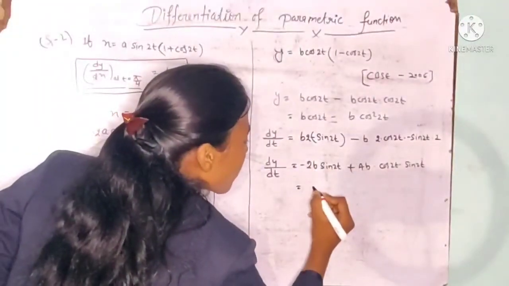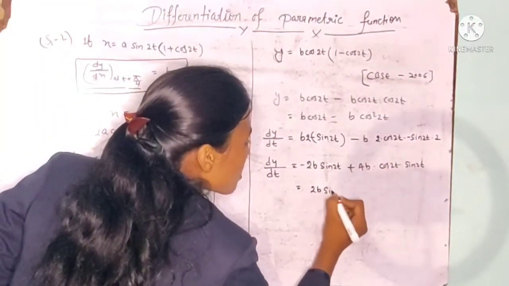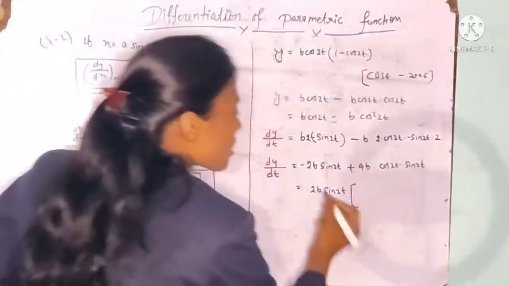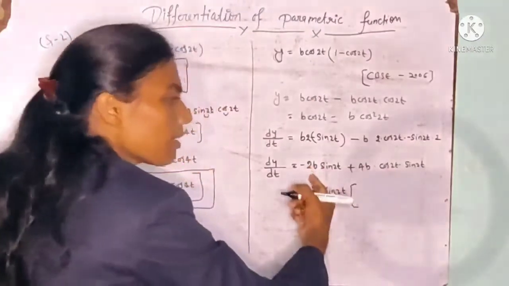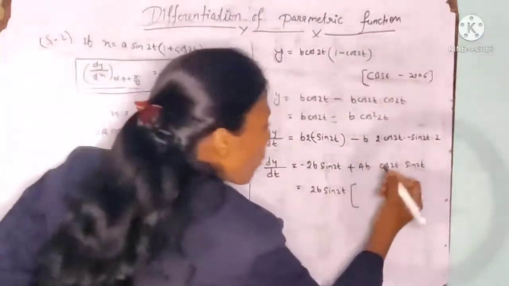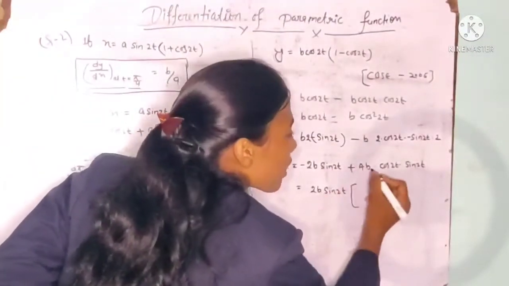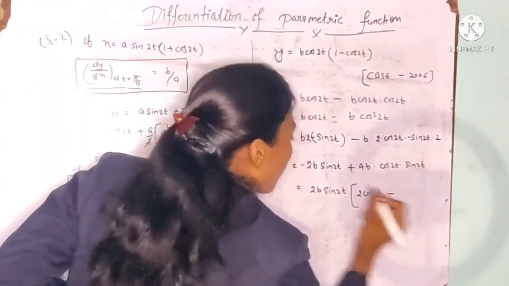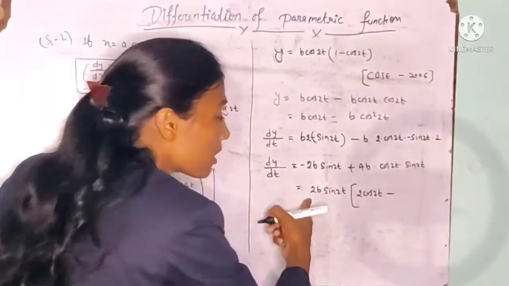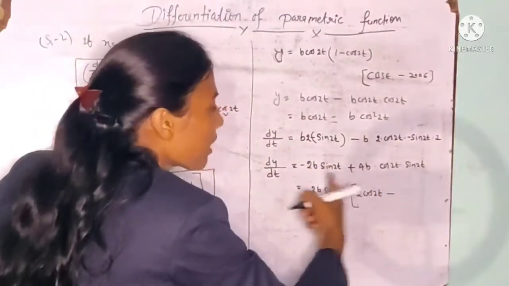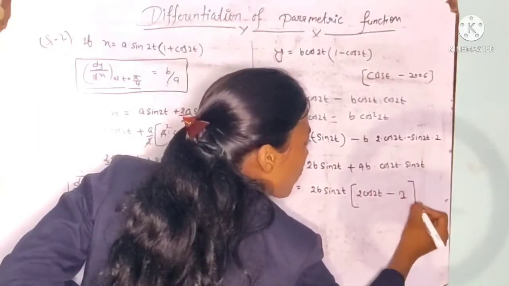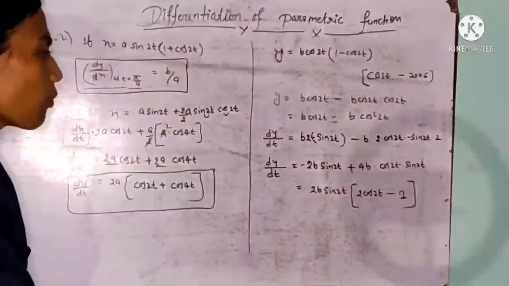So I am taking 2b sine of 2t as common. Now what is remaining? Just write plus first, then we insert minus second. 2b already taken common, so remaining 2 cos of 2t minus, this minus we didn't take out, so it is written last, minus 1 is remaining here.